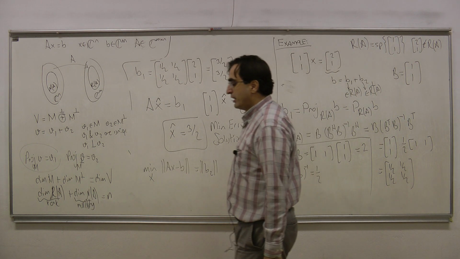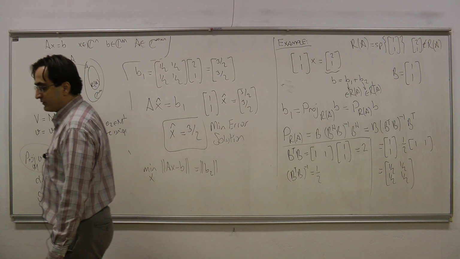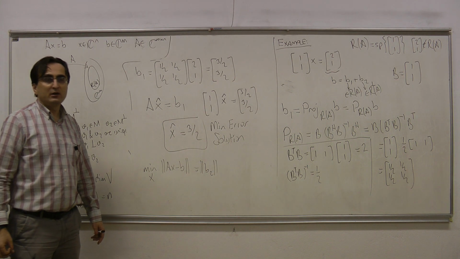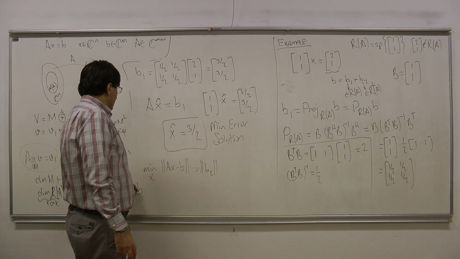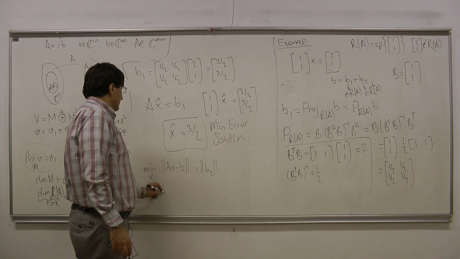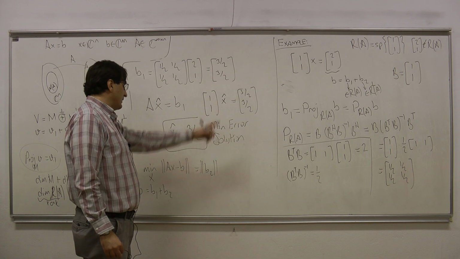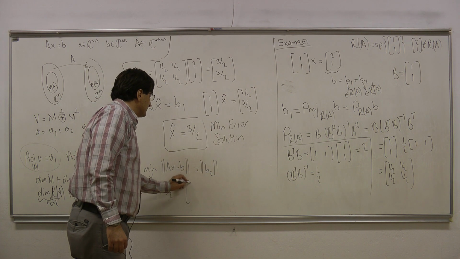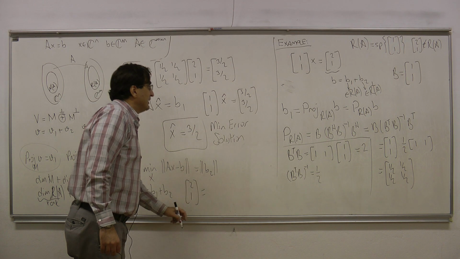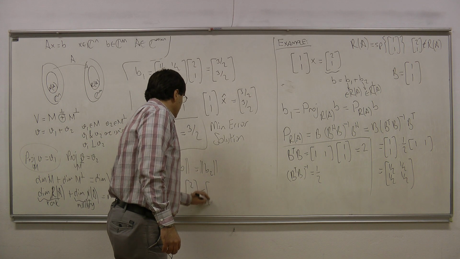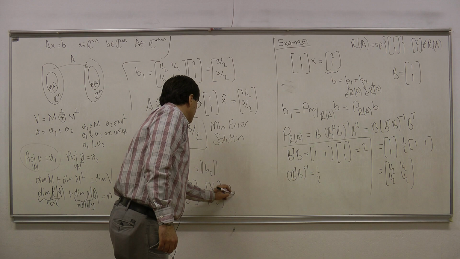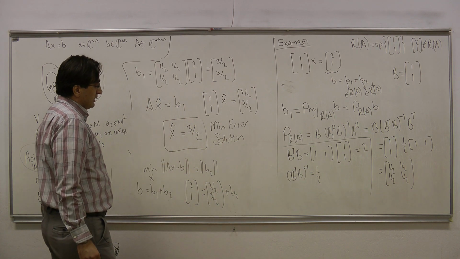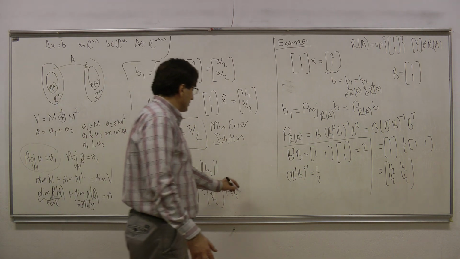How can you calculate B2 in this case more easily? And the answer is really simple. I know that B is equal to B1 plus B2. And we know what B is, 2, 1. And B1 is 3 over 2 plus B2. And that is going to give you what B2 is automatically.